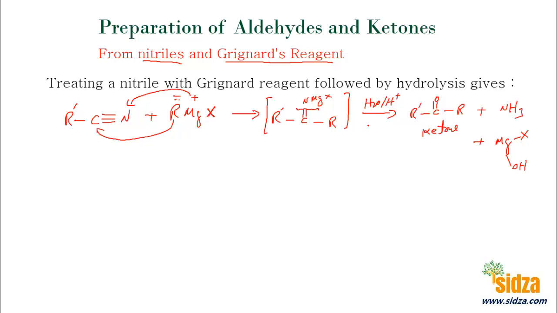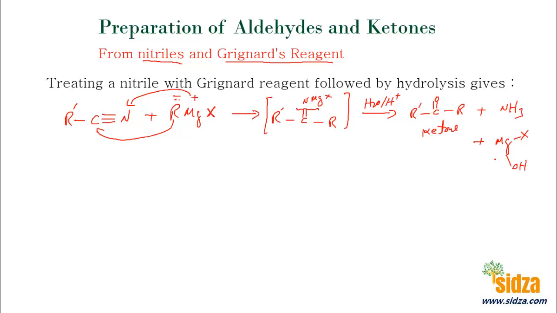Because in the hydrolysis we are adding the hydroxide and the H, correct? So you get these two products: the ketone, and ammonia, the nitrogen lost as ammonia, and MgXOH.